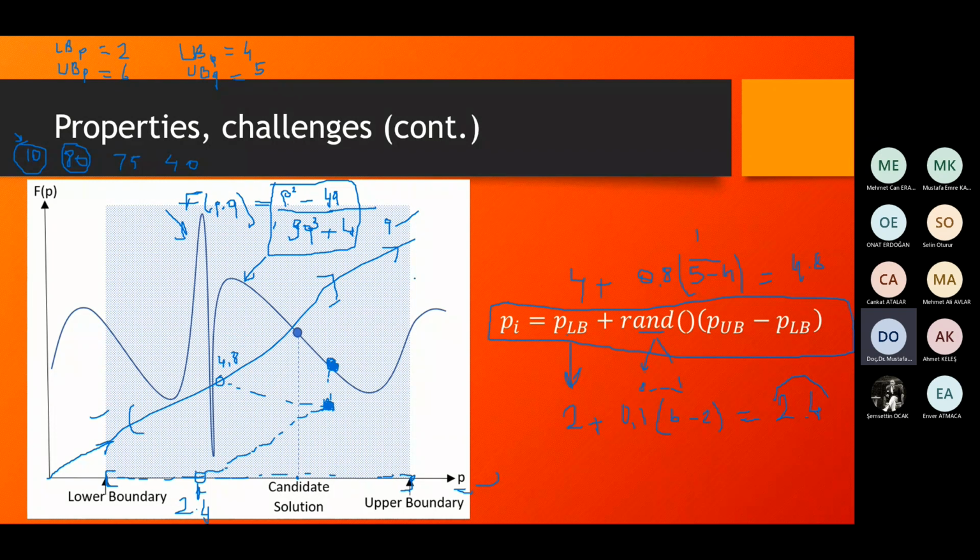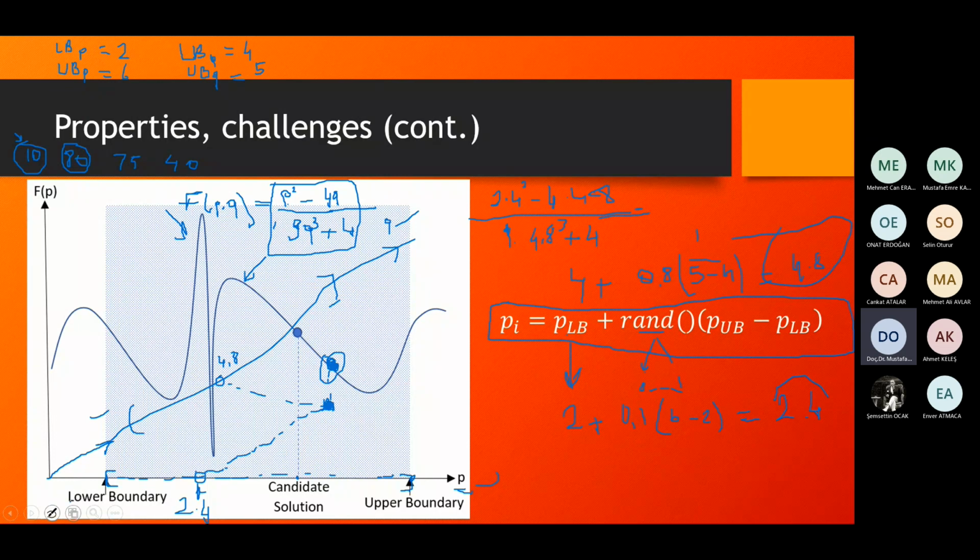And what we will do, we have to calculate this: 2.4 square minus 4 times 4.8, divided by 9 times q value. What is q value? 4.8, cube 4.8, plus 4. If you calculate this, you will get the value in here.